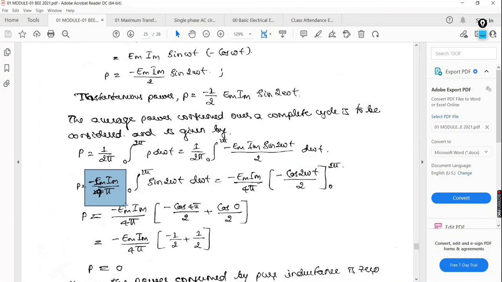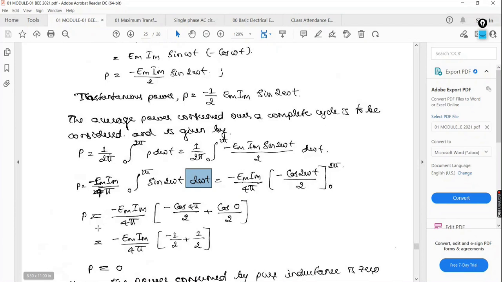Integration of sine theta is minus cos theta. Because 2 theta is there, it is cos 2 omega t divided by 2, because of differentiation with respect to d omega t, the 2 also goes into the denominator.